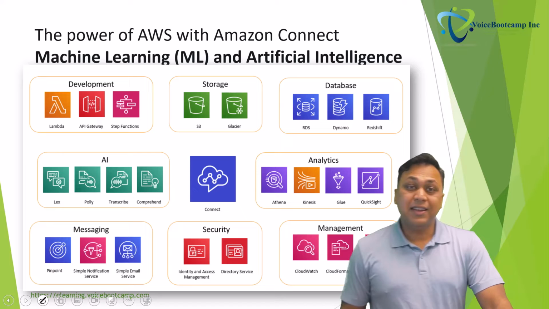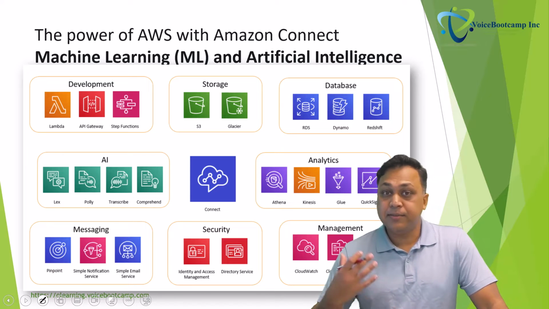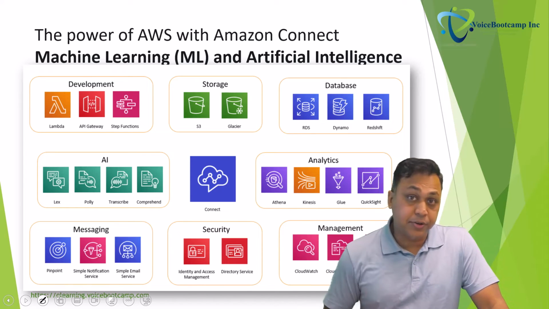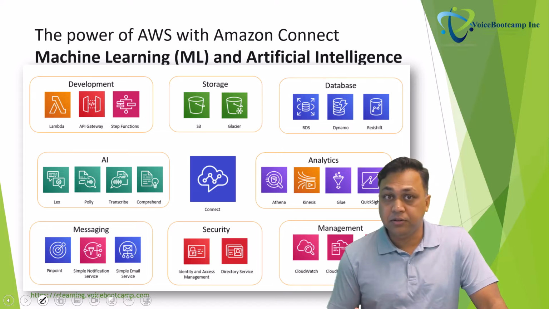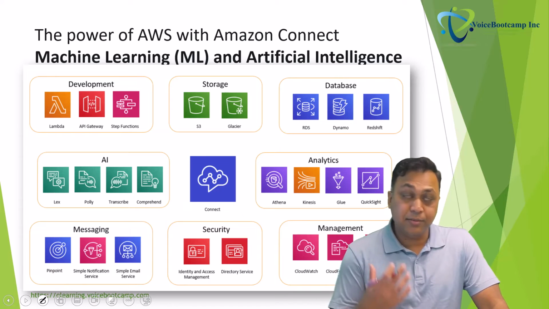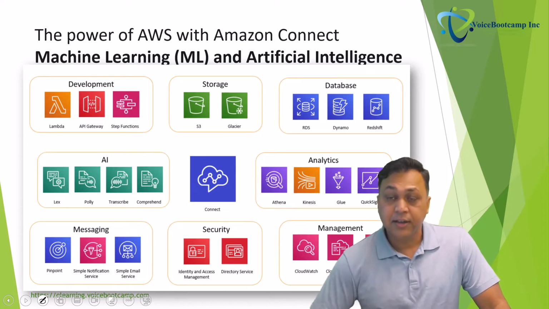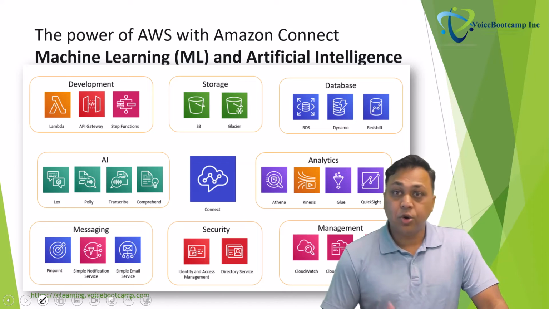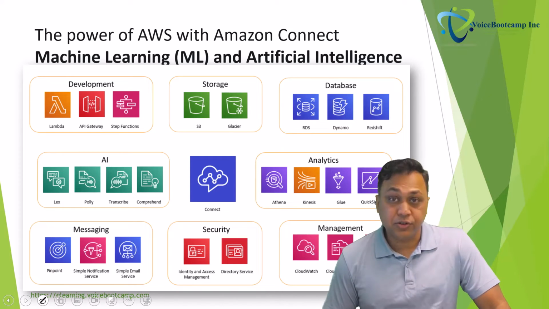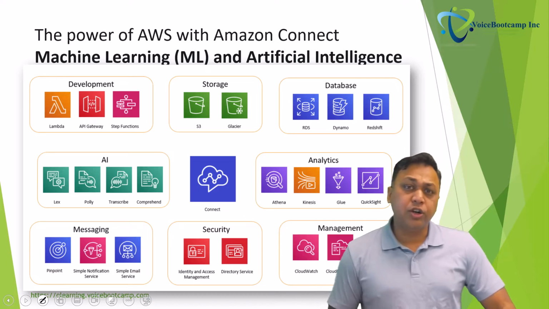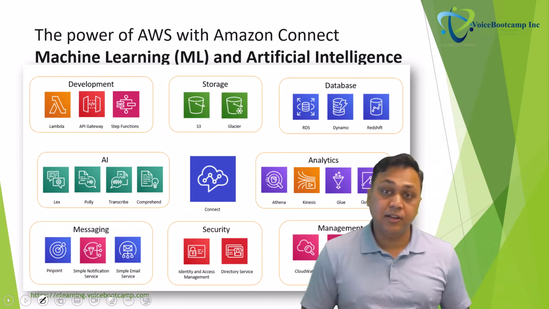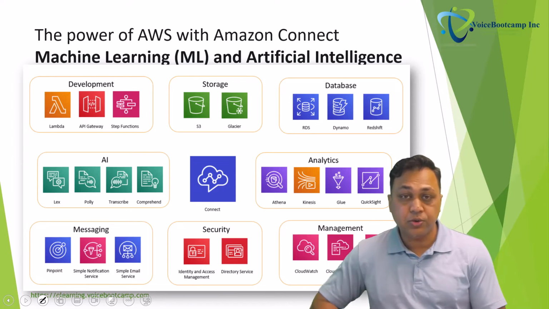Now, Amazon Connect itself utilizes machine learning for various purposes. You can build an Amazon call center bot, either a chat bot or a voice bot, using Amazon Lex. We'll talk in more detail about the Lex bot later in the course.